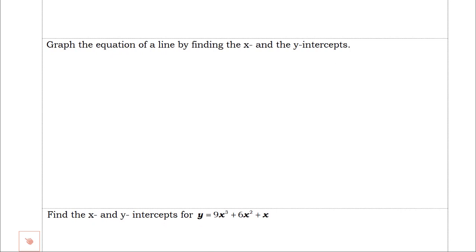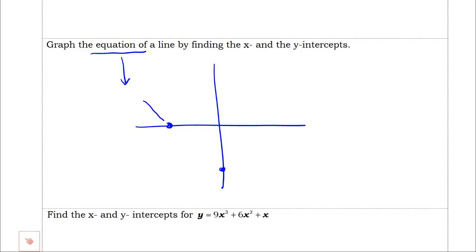Now, if we have, what are we going to be given here? What are we going to start with? Equation, right, good. So you're going to be given an equation, and they want you to graph the line by first finding the x-intercept and the y-intercept, and then they can draw a line. Okay?